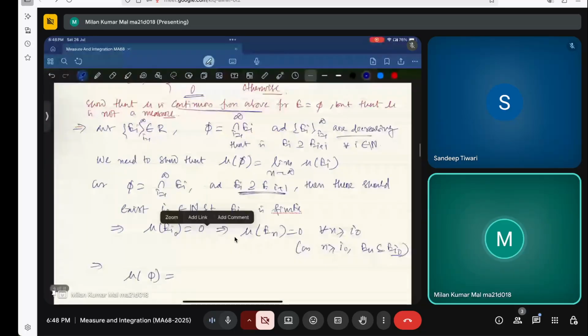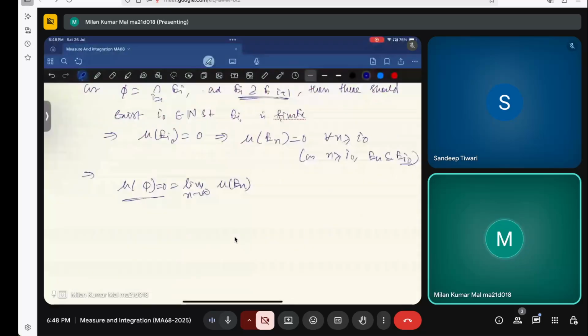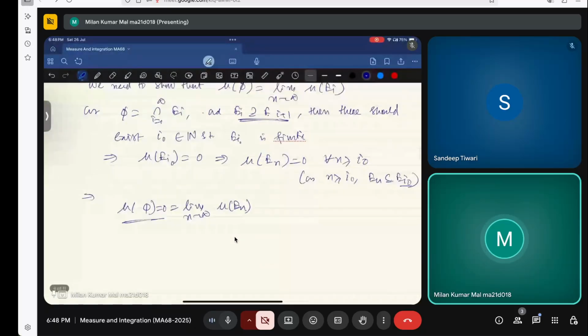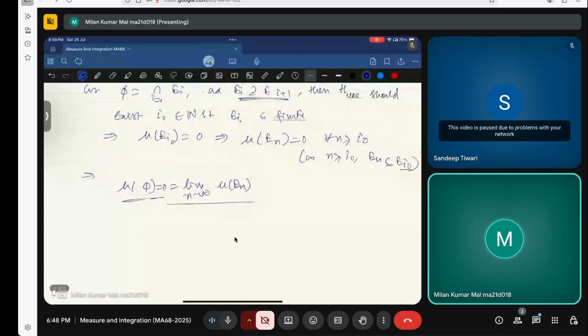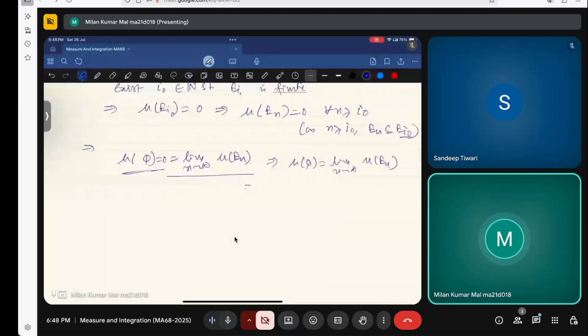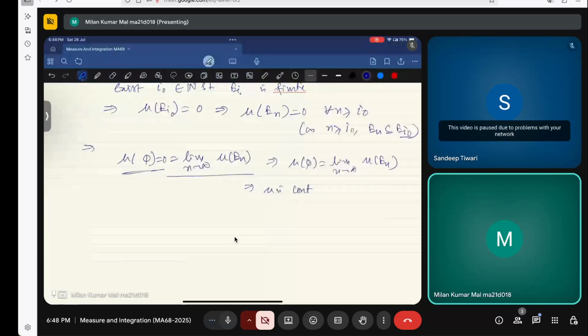So that implies mu of phi is equal to the limit as n tends to infinity of mu of en. So that says mu is continuous from above at the empty set.